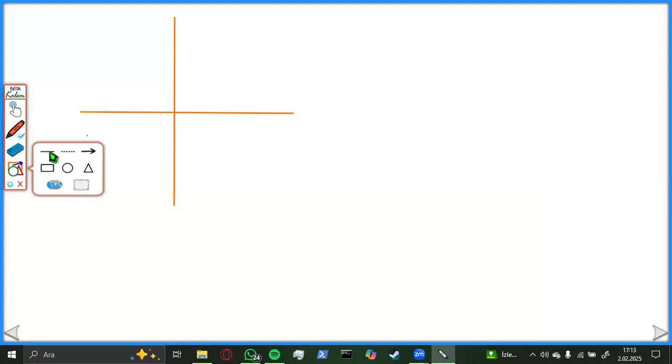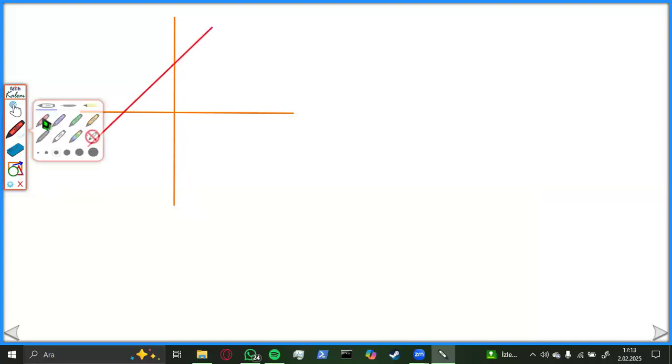In addition to this, we can also see a line and know some information about that line. By using that information, we can also write its equation.